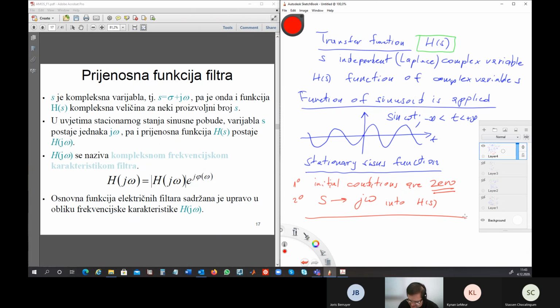Here is the frequency. Frequency is very important. So frequency is a variable from 0 to infinity. So we can vary frequency to see how our filter responds.